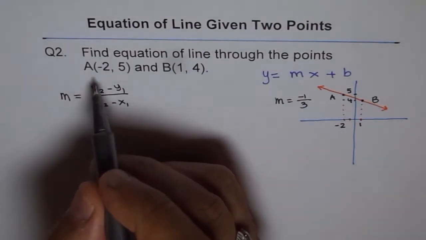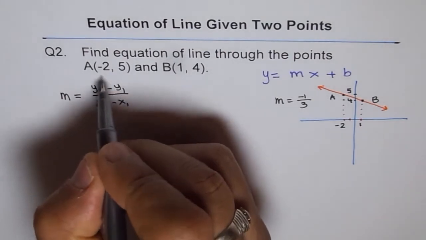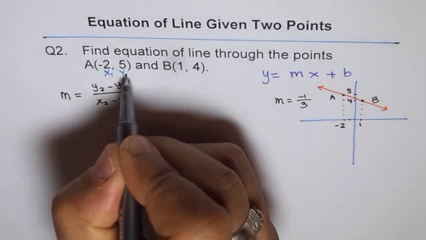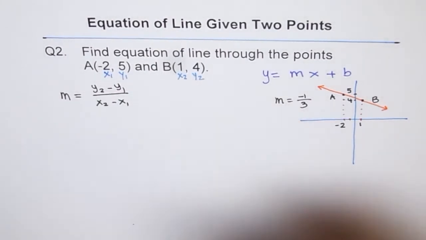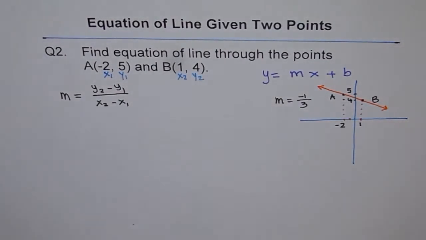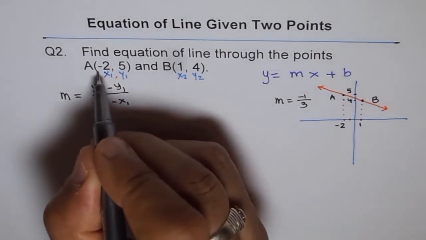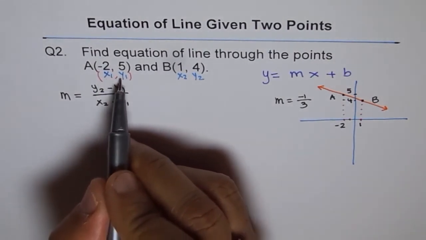Let A be our first point, so this will be our x1, y1, and that will be our x2, y2. Remember, in an ordered pair, the first coordinate is the x coordinate and the second is the y.